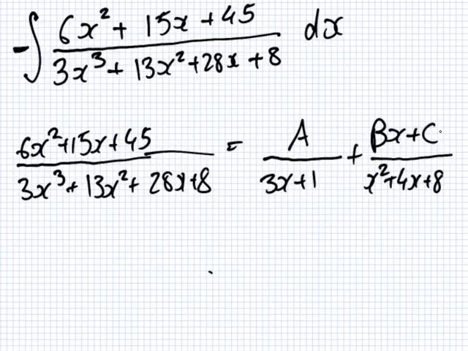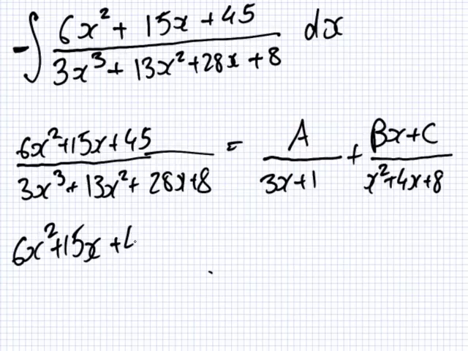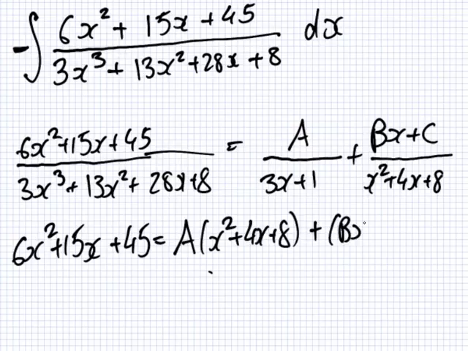No choice. So when I multiply, I get 6x squared plus 15x plus 45 equals a times x squared plus 4x plus 8, plus bx plus c times 3x plus 1.